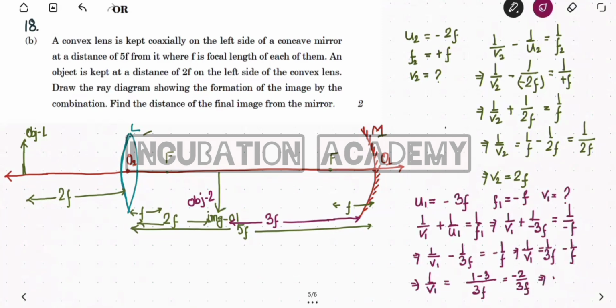So v1 equals minus 3f divided by 2, or minus 1.5f.